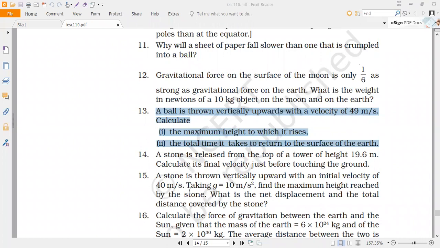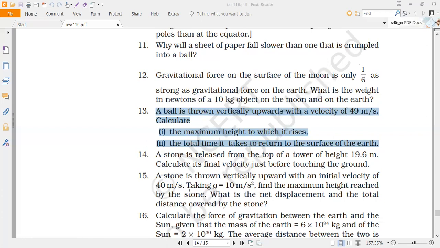Now, the ball is thrown upward. It is opposite to free fall. The ball is thrown upward, like this the ball is going. So the initial velocity is maximum. Going up, after reaching a certain height, the final velocity becomes zero, because velocity decreases when we are moving in the upward direction.